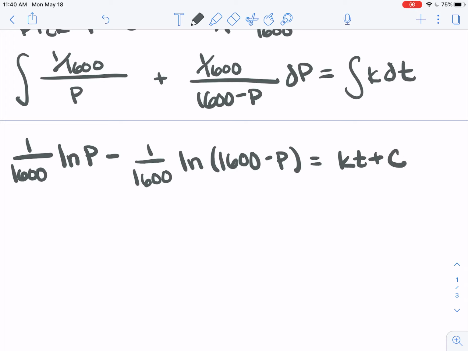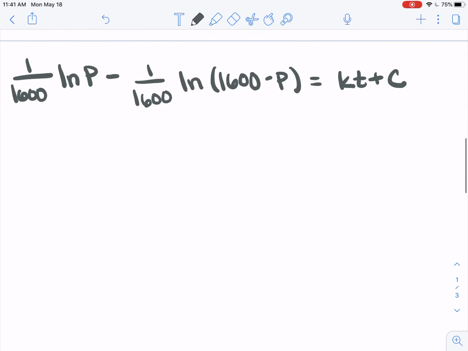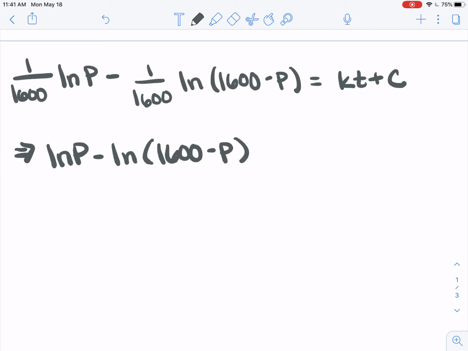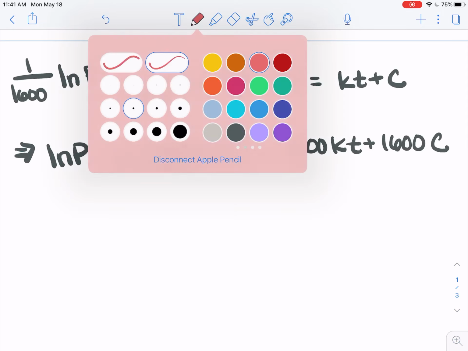Now, this is where things get a little bit ugly algebraically. The first thing I want to do is multiply everything through by 1,600 just to get rid of the fraction. We have ln of p minus ln of 1,600 minus p equals 1,600 kt plus 1,600 c, and we're just going to relabel this.